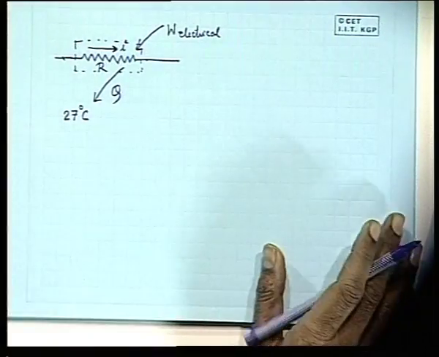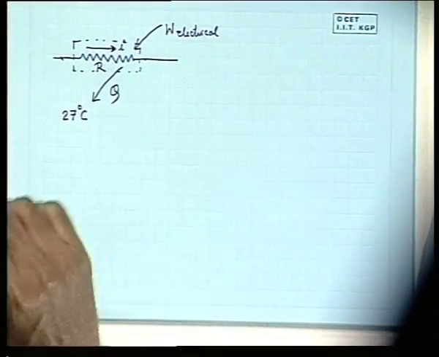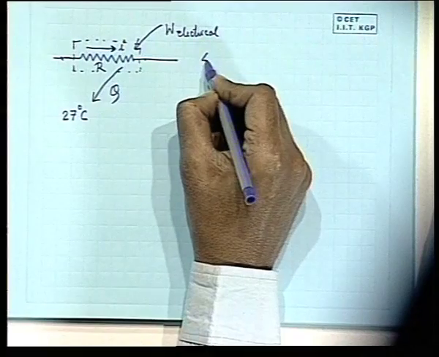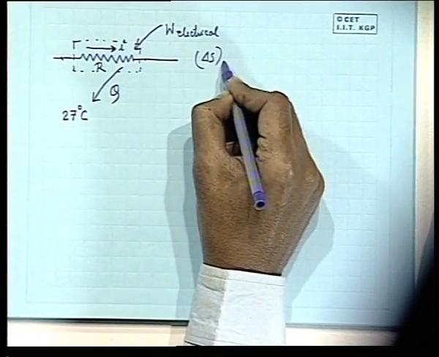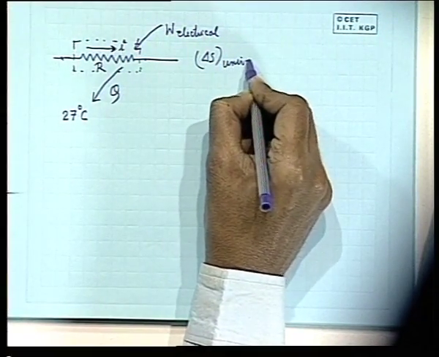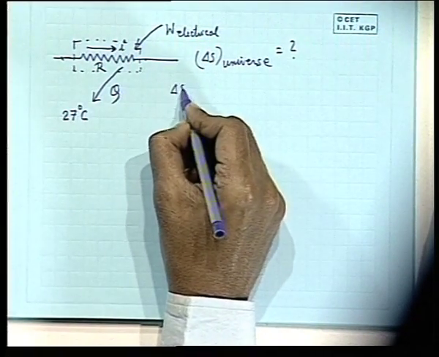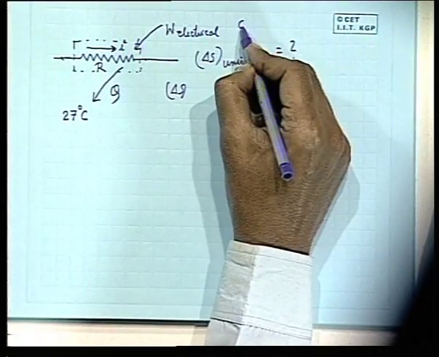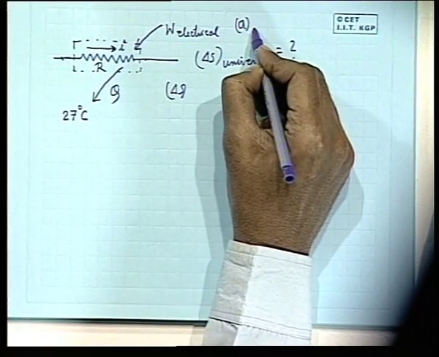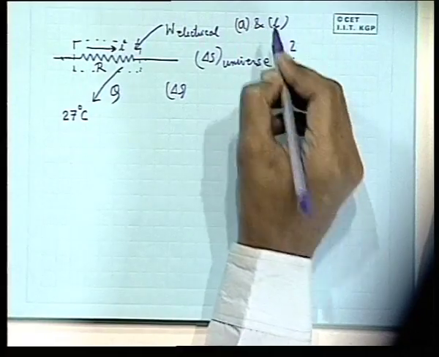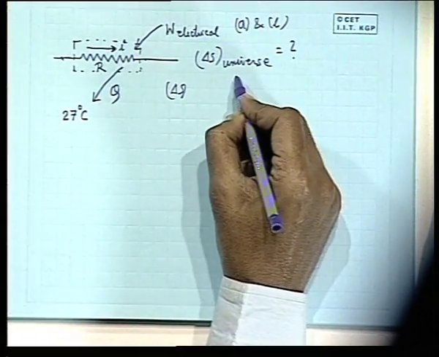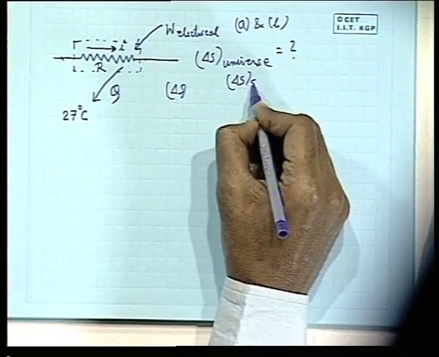Now, if you consider the problem like this, what do we have to find out? Delta S universe. In the first part of the problem, A and B, we have to find out not only delta S universe, but delta S system also.